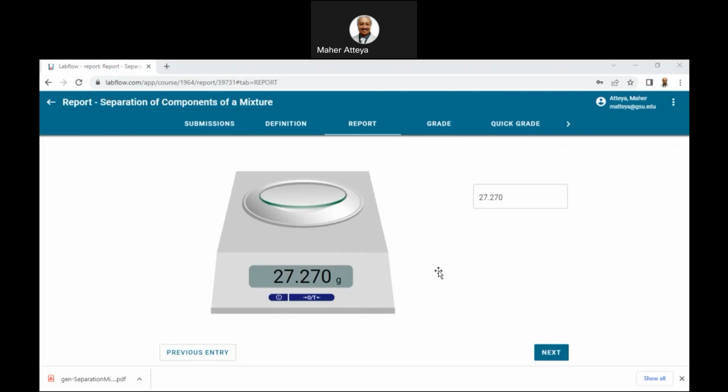So this 27, and let's copy this one here. Copy and paste it here. Down, click next.